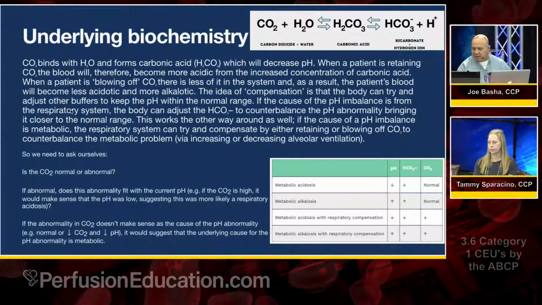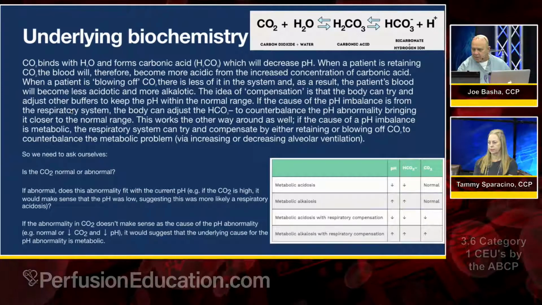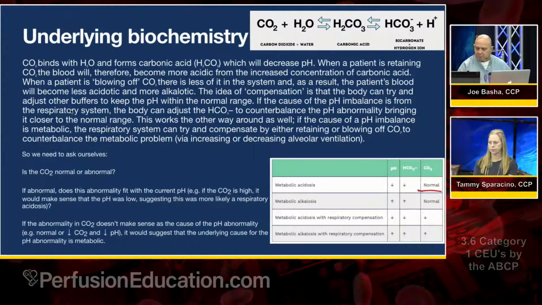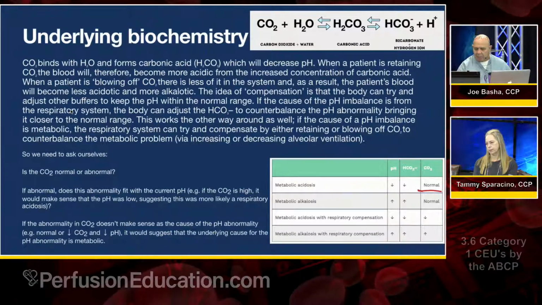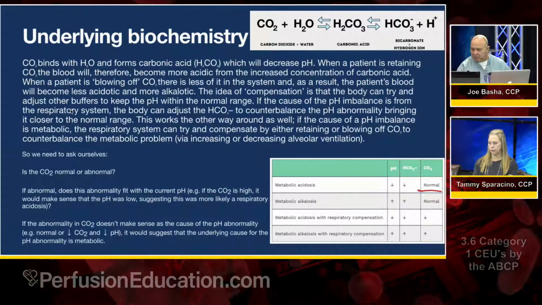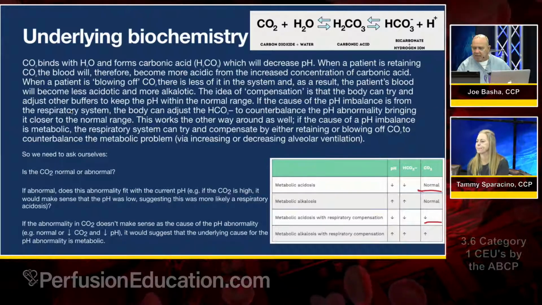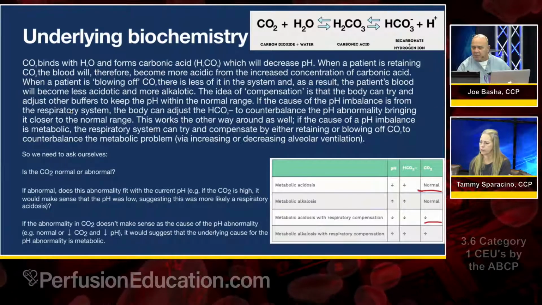Here, in this first example, it's going to be normal. If abnormal, which it's not, we go down to the first abnormal one. Does this abnormality fit with the current pH?